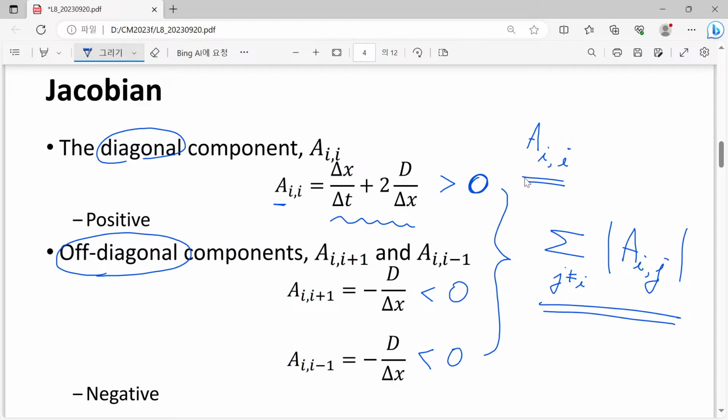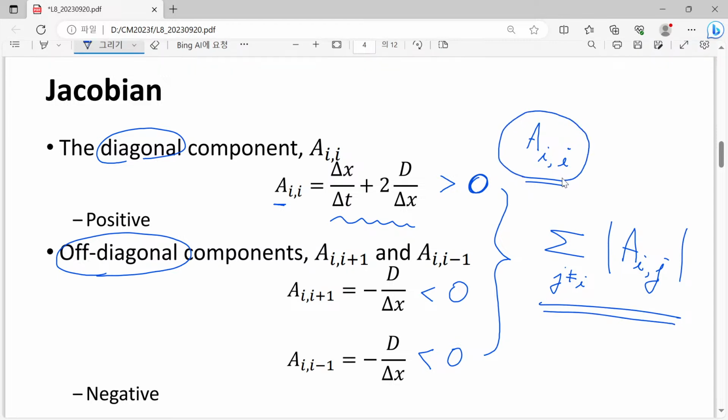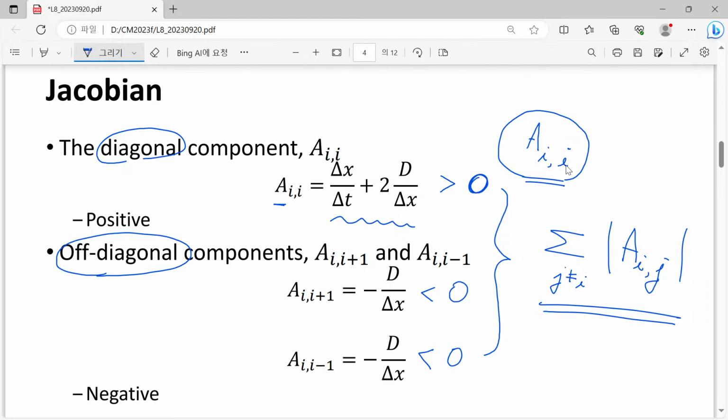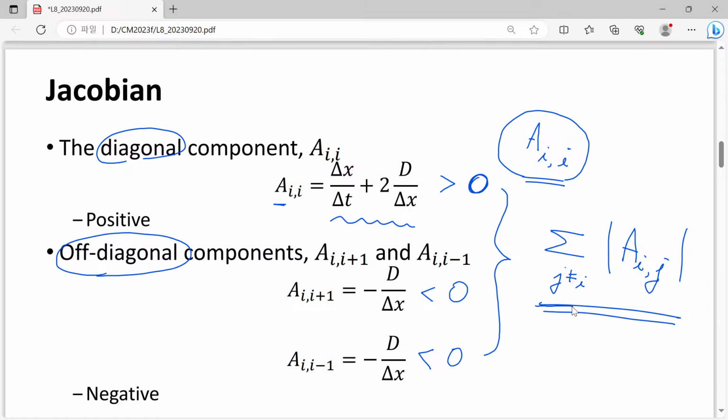It means that this one is just a single diagonal component, and please measure its magnitude. The second quantity is the absolute sum of all other off-diagonal components. Then please make a comparison. Which one is bigger and which one is smaller?